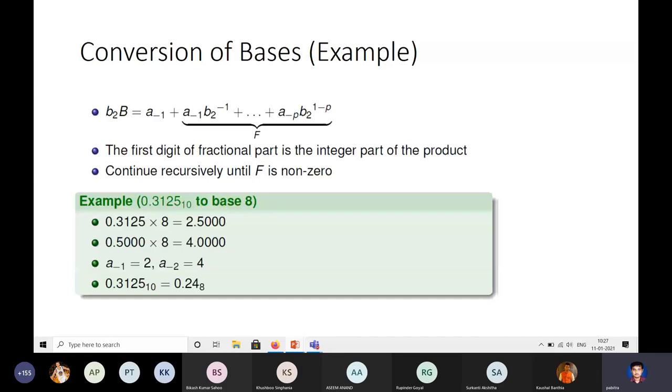Okay, and the precision is one thing to be noted. The largest number you can represent is determined by the weight of the most significant bit. That dictates how many bits you have. Whereas the smallest difference between two numbers, or the smallest number you can represent, is determined by the weight of the least significant bit.